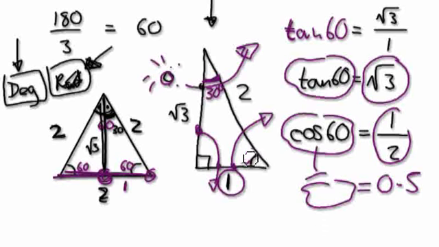Also, you can use this angle here by looking at the 30 and not the 60. So let's say tan 30. This is 30 here, and we are just looking at 30.